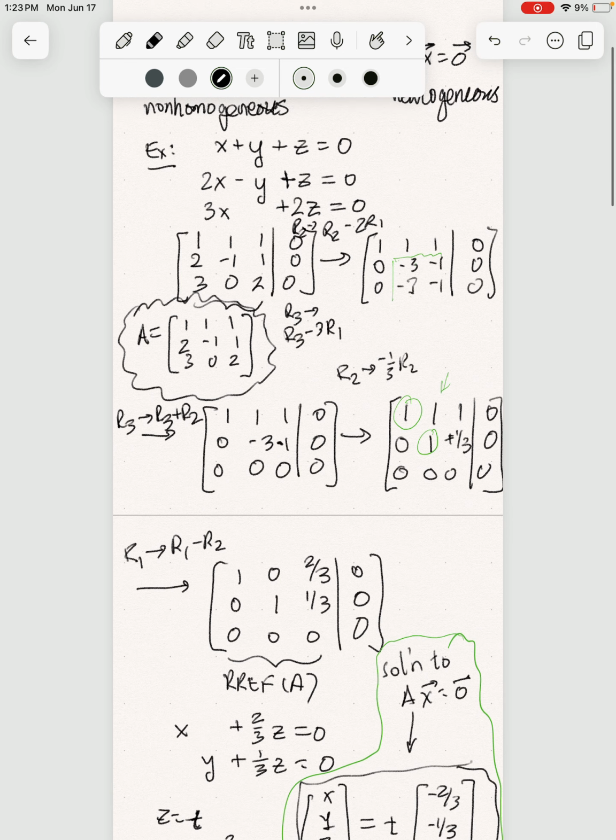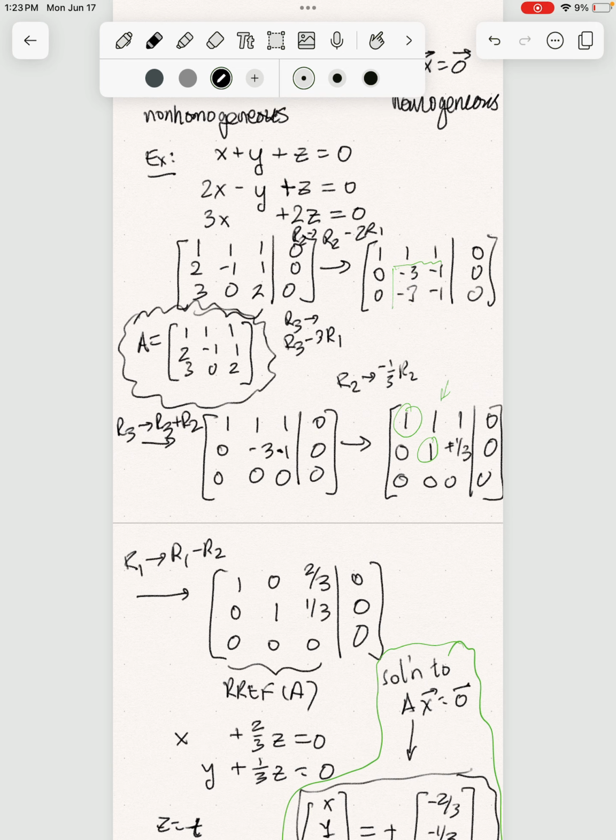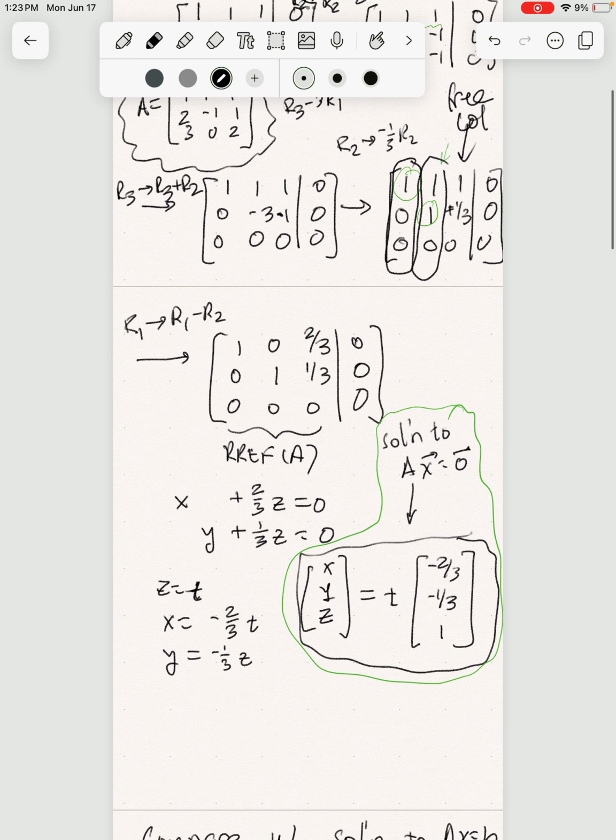Notice that in this case, your A had two pivot columns and one free column. The fact that there was one free column told you that you're going to get one free variable, t.